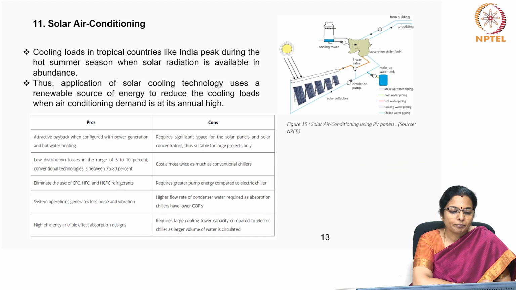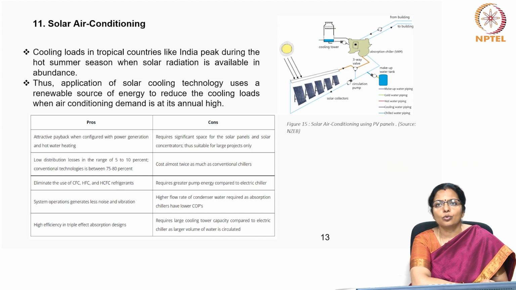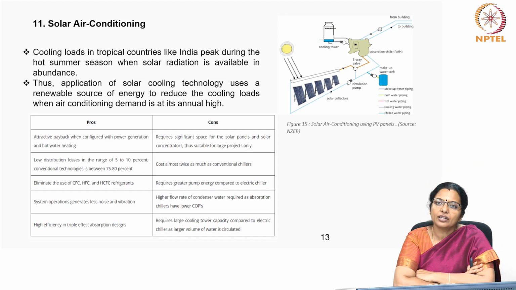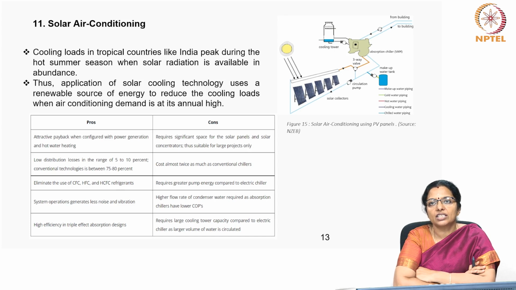Then we will see the solar air conditioning. So cooling loads in tropical countries like India peak during say April or May, which are hot summer season, when solar radiation is available in abundance.